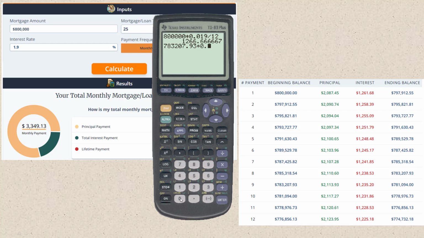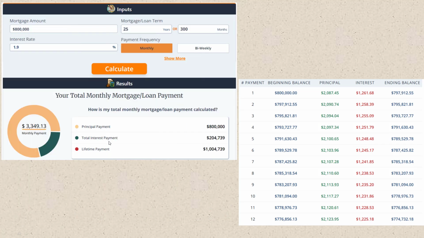If I multiply that by 0.019 divided by 12, this gives us $1,240.08, and again, it's within a few dollars. This is $1,235.20. So this is always an approximate calculation. It will get you within a few dollars of where you should be.